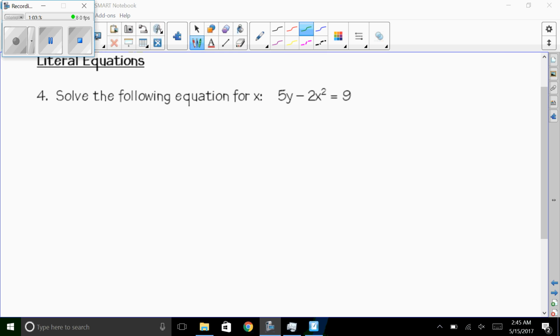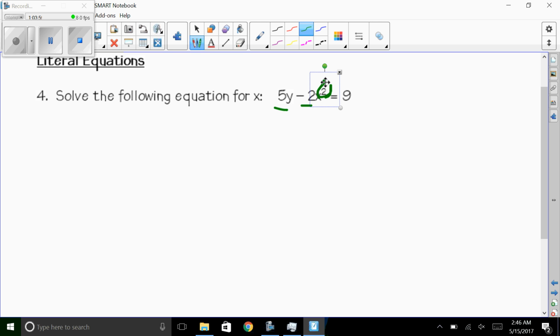Alright, now we move on to number 4, literal equations. Again, solving for x. So we're going to move the 5y first, because that's the furthest thing, then the 2, negative 2, and then the exponent.